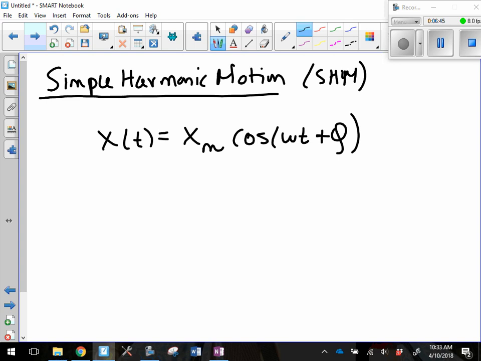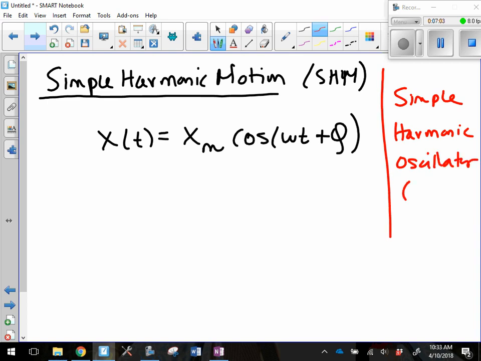We'll talk about what all those letters are in just a sec. Sometimes we talk about a simple harmonic oscillator, or an SHO, which is the object that undergoes simple harmonic motion. I will probably use SHM and SHO interchangeably. And that is an omega, not a W. Okay.